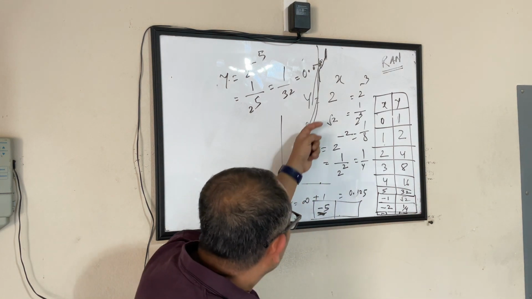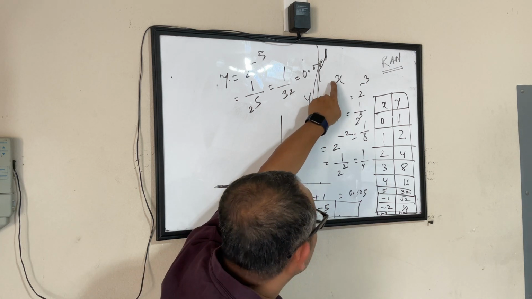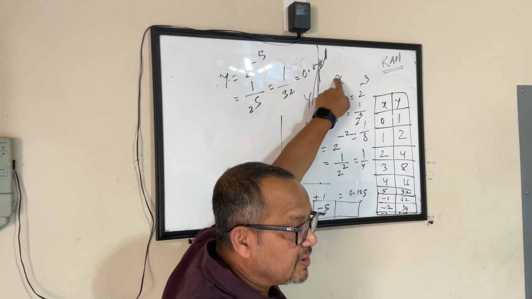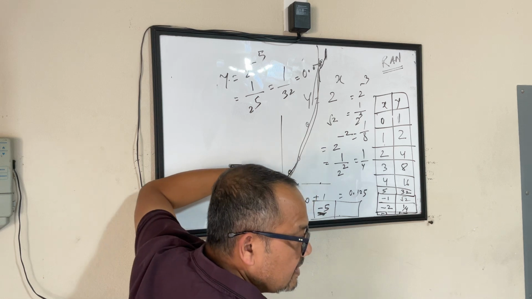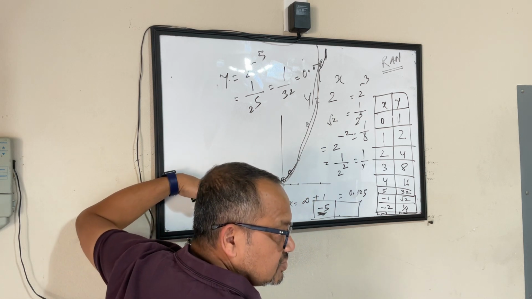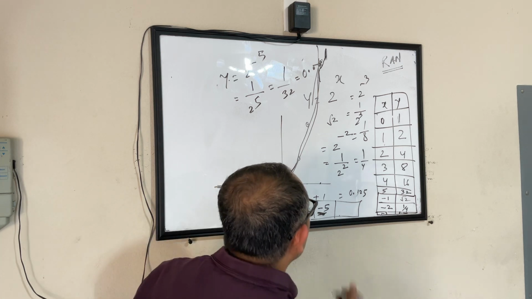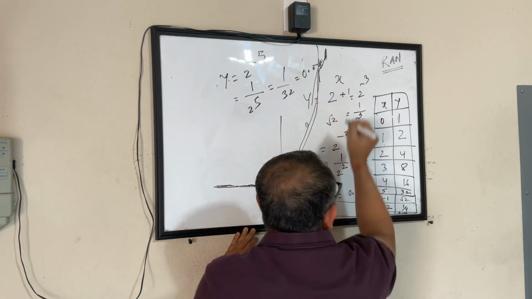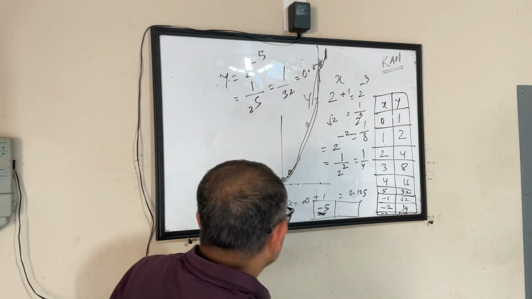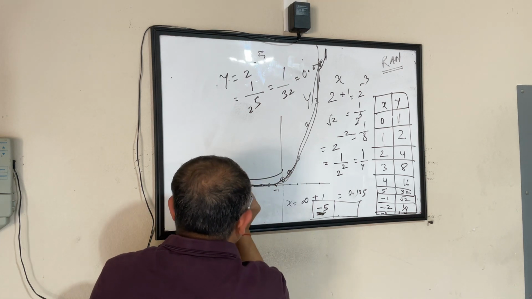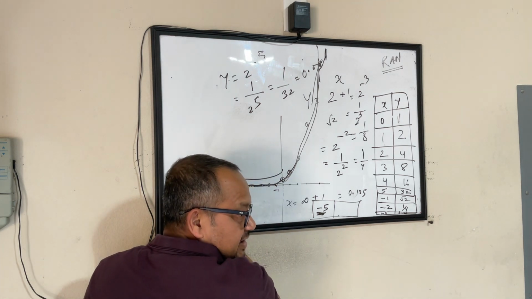Similarly, after a certain point, when the value of x becomes a very big negative, y tends towards 0 or becomes constant. If I had, let's say, plus 1 here, it would have stopped at 1 and continued as a straight line.